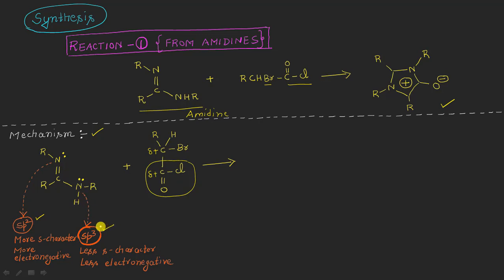Here we can say that the more the s character, like in the sp2 hybridized case, the more will be the electronegativity, and it is the tendency to keep the electrons towards itself, right? And the sp3 hybridized atom will have less s character, and it will be less electronegative relative to this nitrogen here.